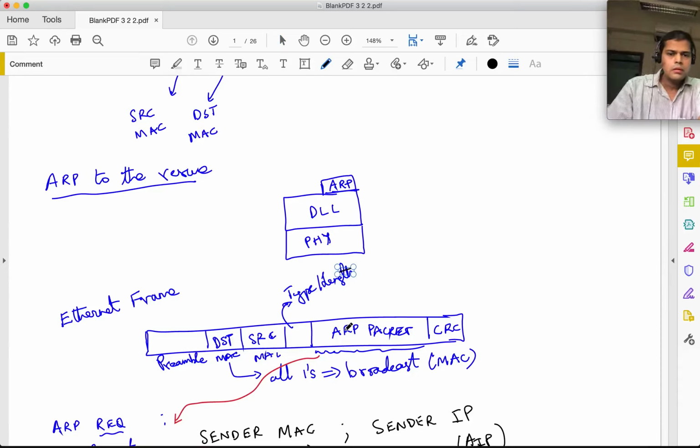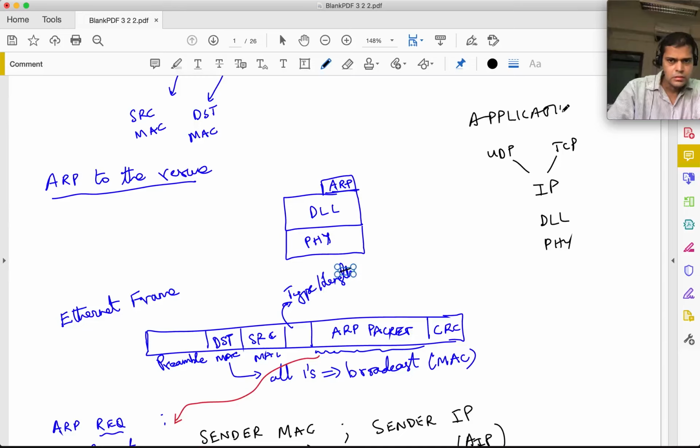So normally what did we say we have in the stack? We have the data link layer, and at the network layer there is IP. Here we have typically UDP or TCP, and here you have the applications. So we didn't have to worry at all.